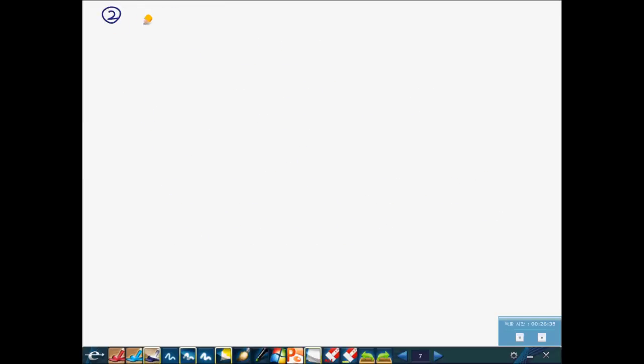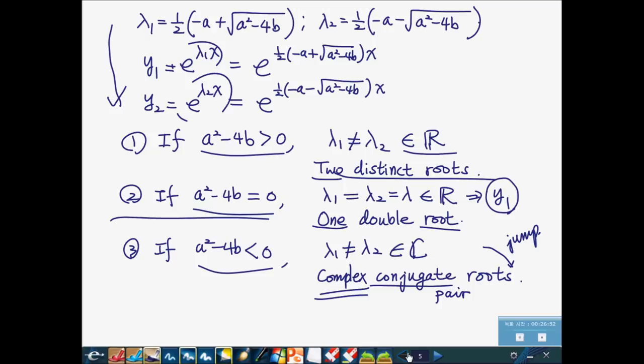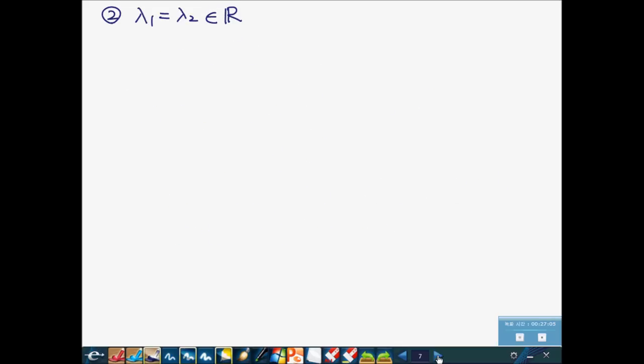Alright, so the second case, which is lambda 1 is lambda 2, and they're real numbers, but only one. From this, the square root term becomes 0, so you have only minus a over 2. That's all. So lambda equals minus a over 2.